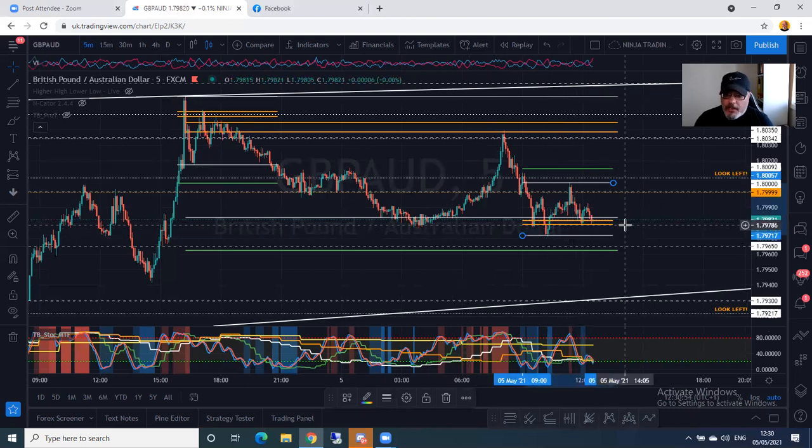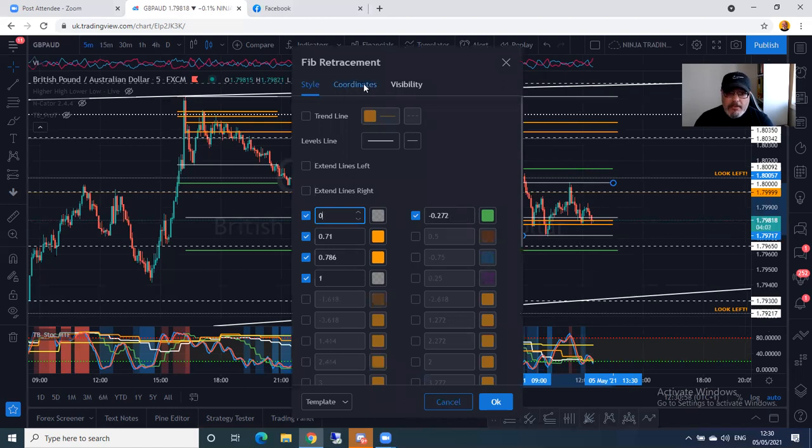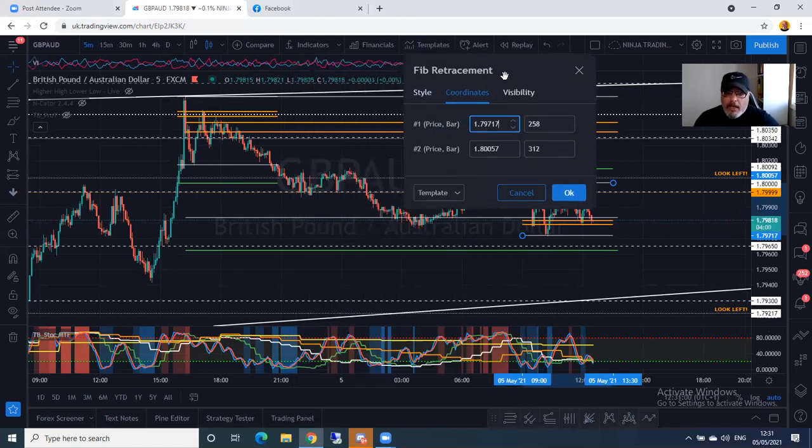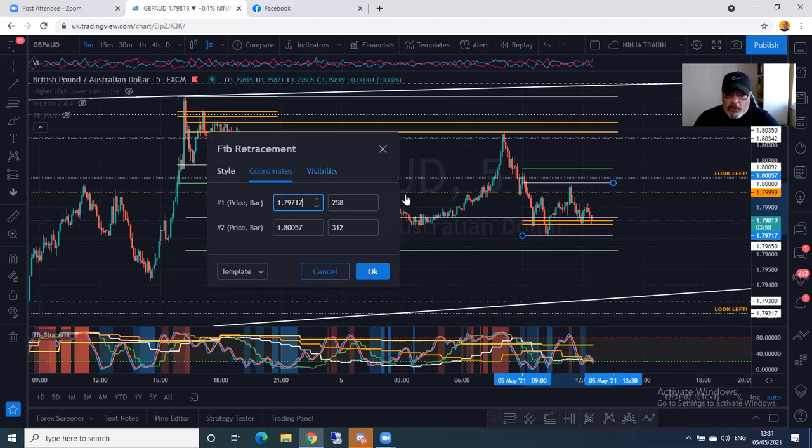So I'm just going to show you how I change those settings quickly. Just go to the coordinates. So I'm looking for the low of this green candle here. So up here we've got the coordinates of the candle. So for the open, the high, the low, the close. So OHLC is open, high, low, and close of this candle here, and I'm looking for the low.